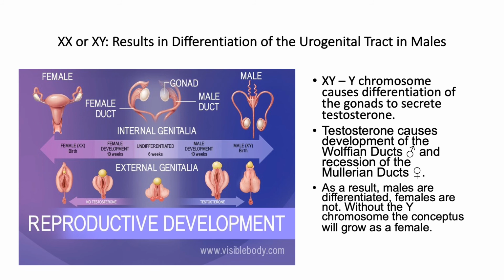And so you can see here how differentiation works. But the main takeaway is that if you don't have the Y chromosome, it's just going to grow as a female.